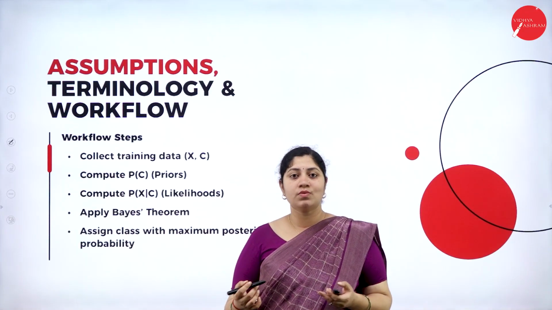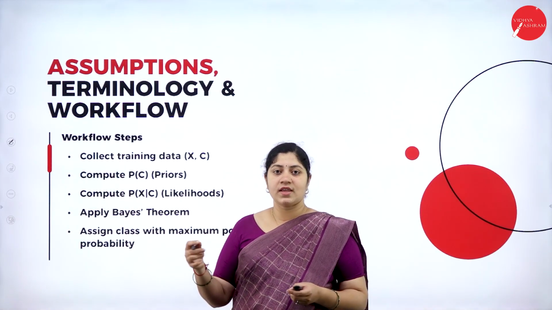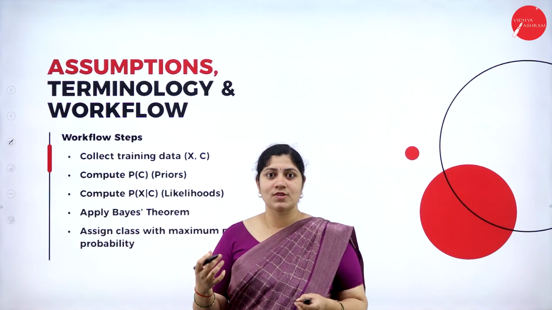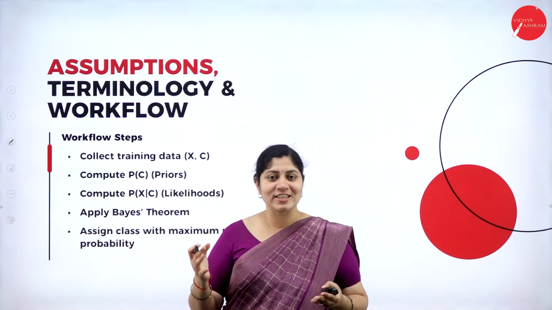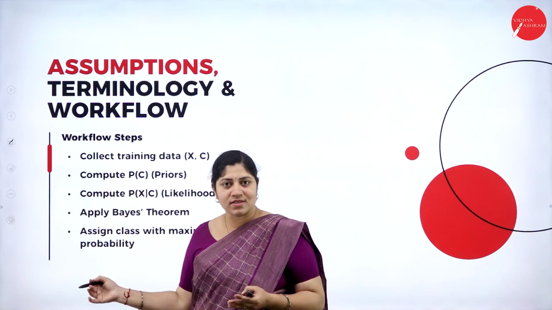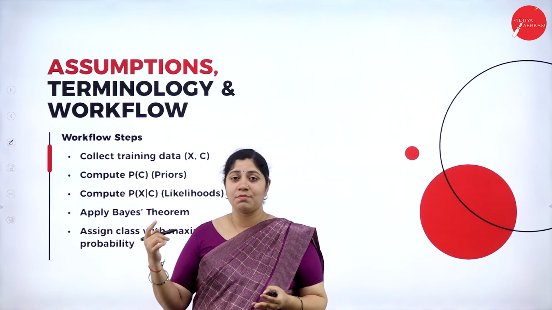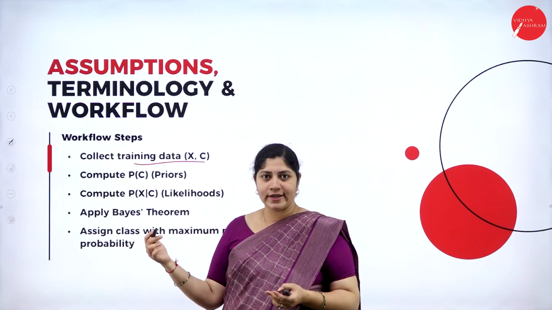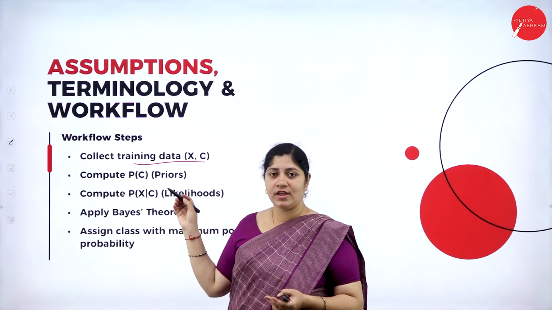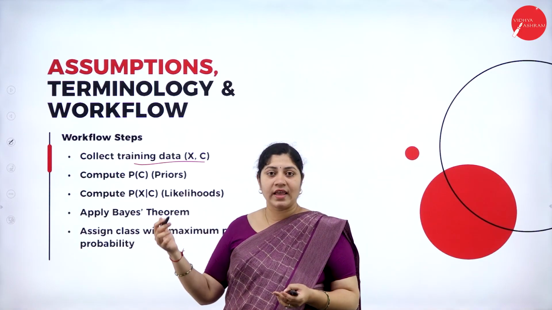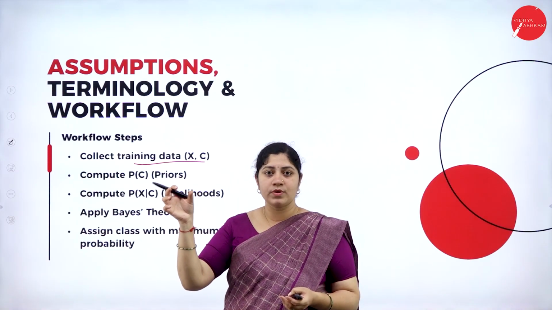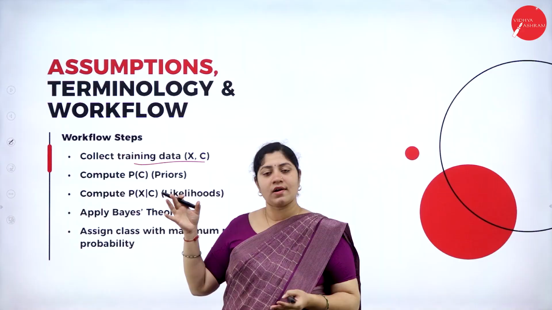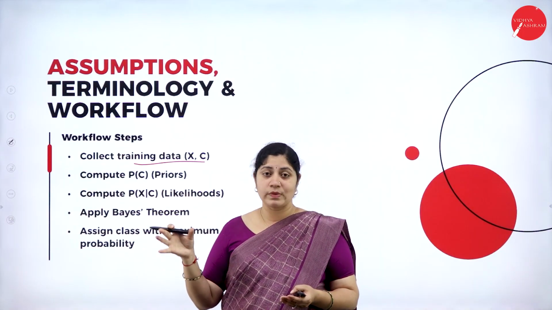Now let's move on to the workflow, or we can say the working steps under Bayes classification, or how this Bayes classification is followed. So these are the steps that we have to consider. The first step is none other than collecting the training data. The training data that we have considered here is X and C. Then we will compute P of C, which is none other than the priors available with respect to that information.